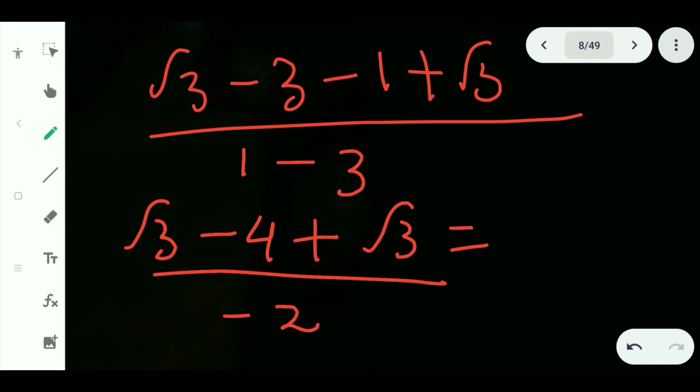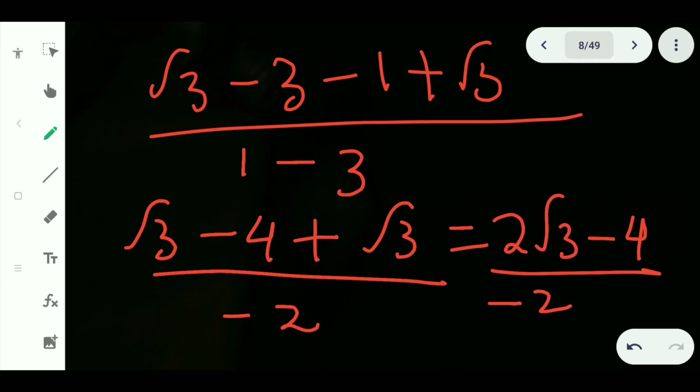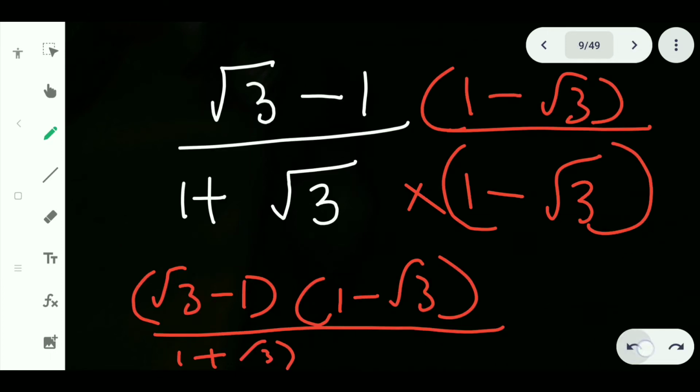Now here, 2 root 3 minus 4 divided by minus 2.